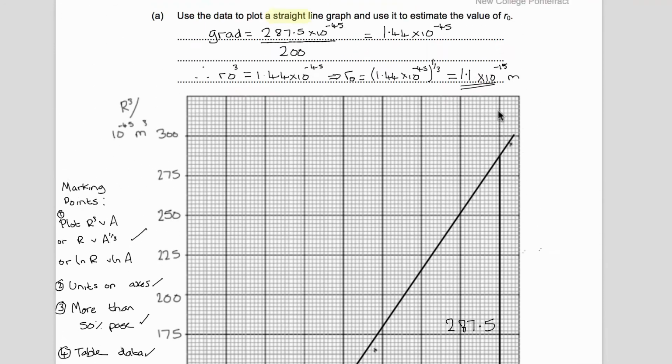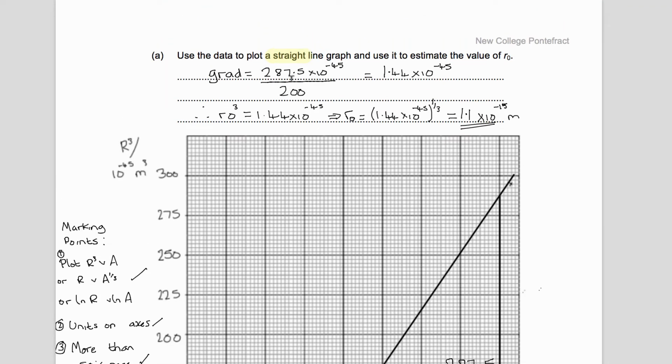So my gradient was 287.5, and don't forget the times 10 to the minus 45 from my table, divided by 200 gives me this number here. My gradient is r0 cubed, so if I take the cube root of this number, it'll give me R0. That gives me 1.1 times 10 to the minus 15 meters.